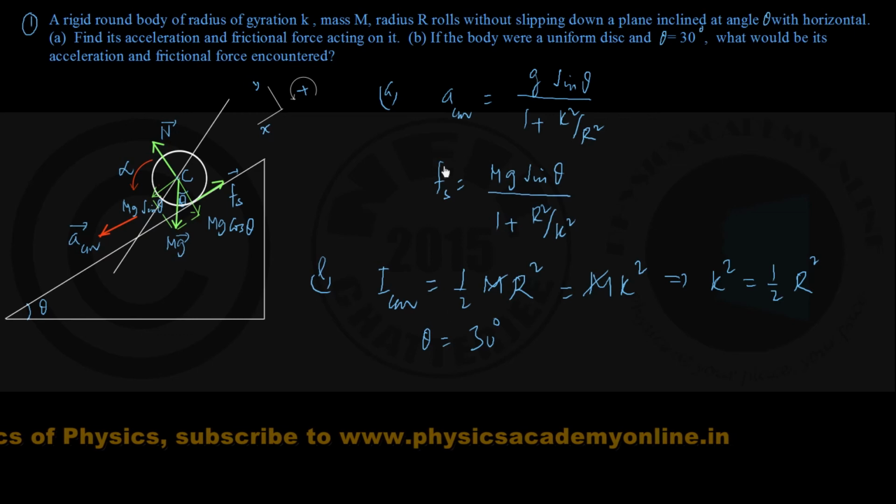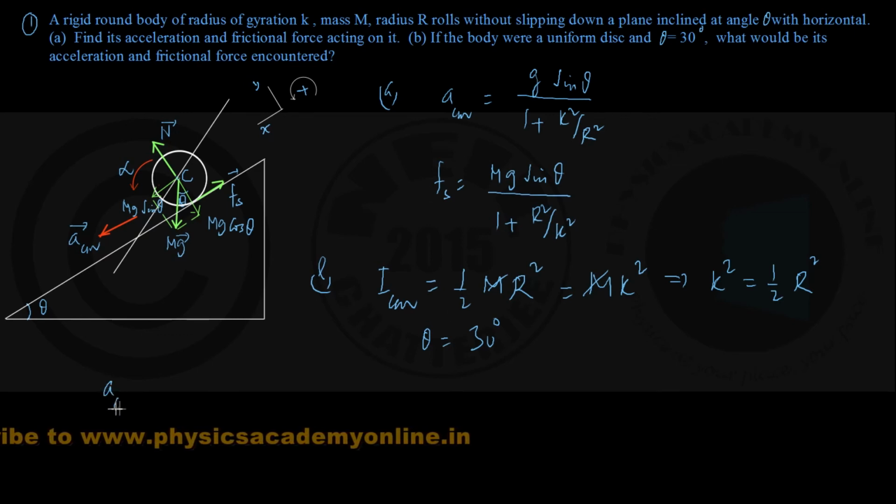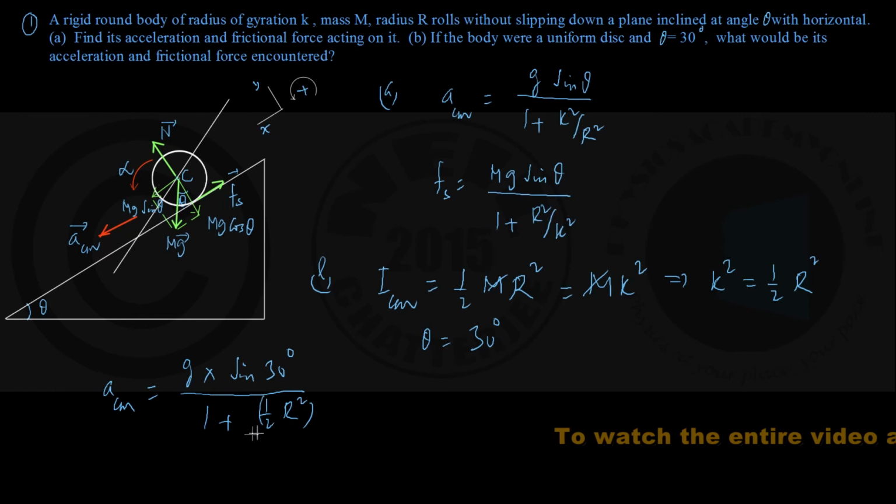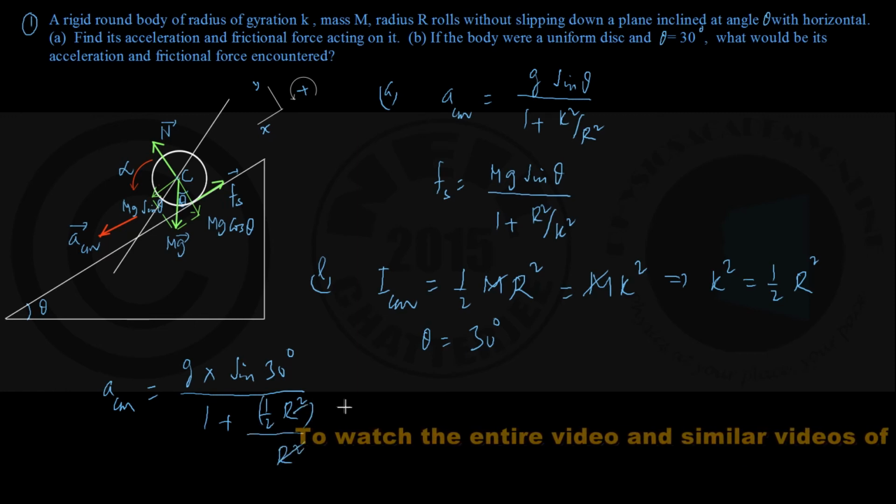So let us put these two values, and using the first equation, center of mass acceleration ACM is coming out to be g sine 30 degrees divided by 1 plus k square by r square. Now k square is equal to half r square for a uniform disk, divided by r square, cancelling out.